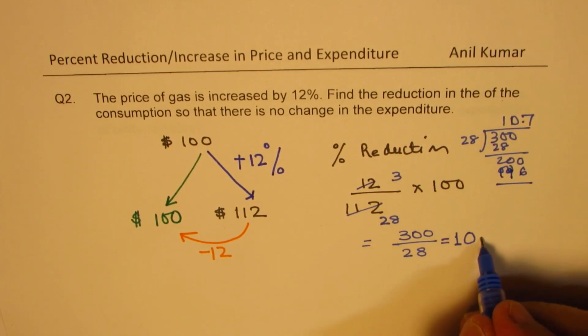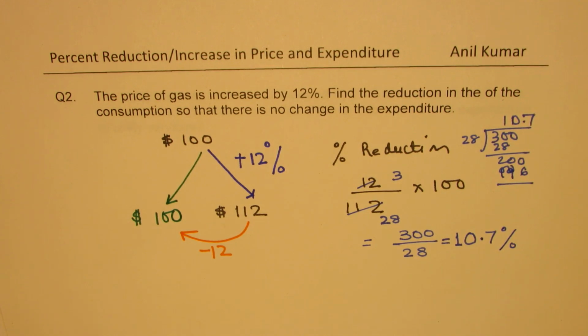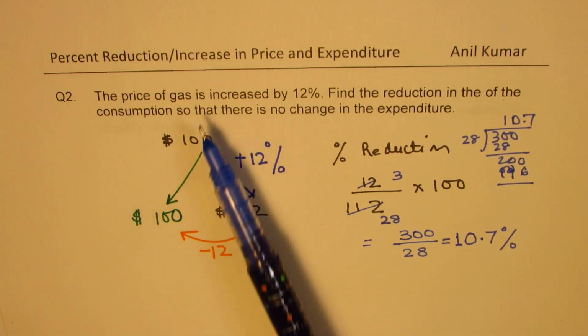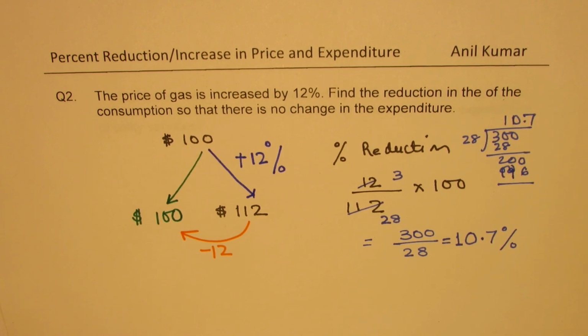So 10.7%, right? So that is what we get by dividing, or else use calculator, right? So approximately 11% reduction in our travel so that we consume less gas is important to save that 12 out of every 112. Perfect. That is how we are going to do it, right?